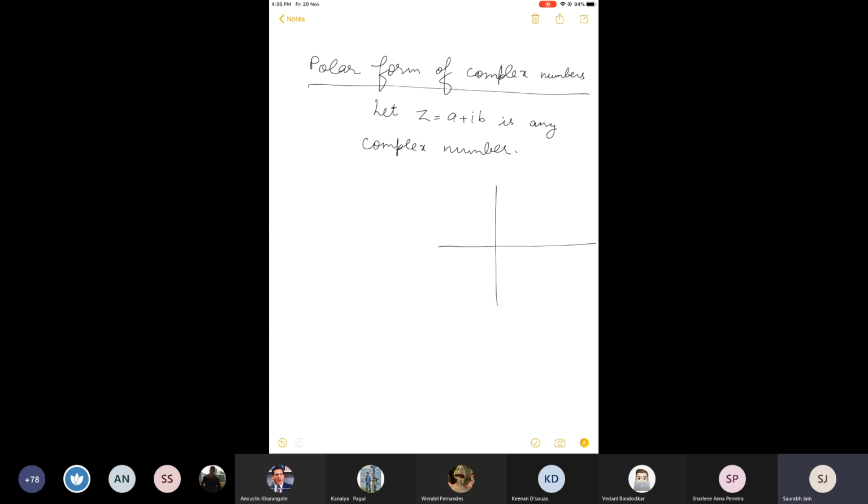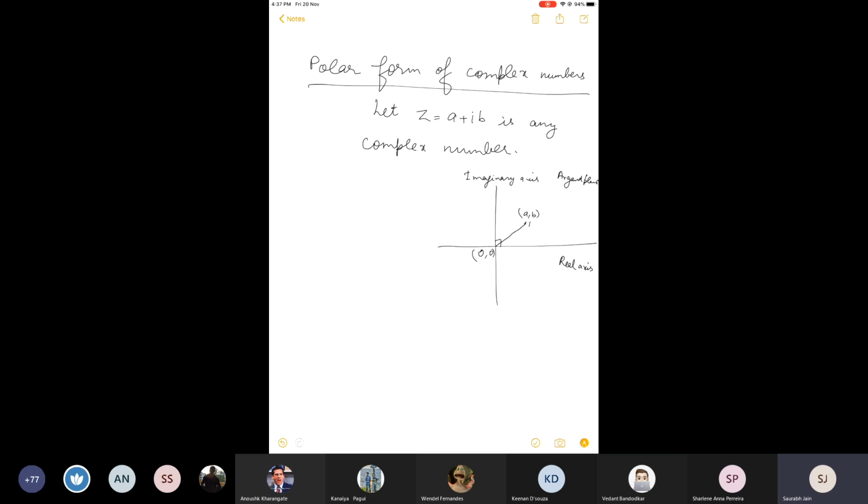We have discussed it so many times that a complex number is actually a point in Argand plane, right? So this is Argand plane. We have real axis and imaginary axis cutting each other at origin. And in this plane, there is a point a comma b, which is actually the complex number a plus iota b. All right. Then, if you remember, yesterday only we discussed these things.